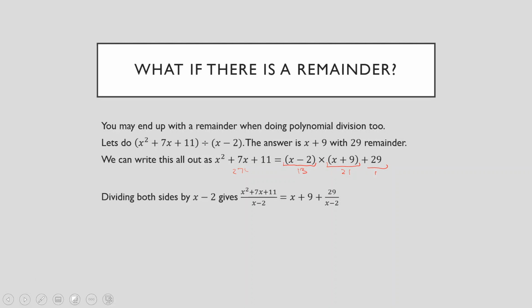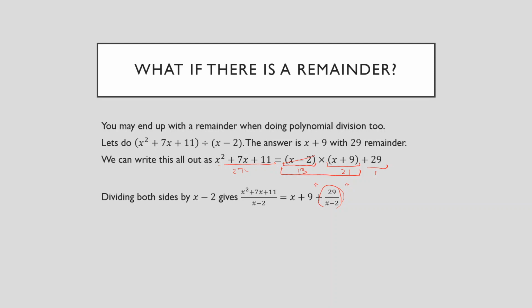Again, we can divide both sides by x minus 2 to get our original division problem back. Dividing all of this by x minus 2 gives you this term on the left here. On the right-hand side, dividing this term by x minus 2 just gets rid of the x minus 2, and we are left with x plus 9. And we have to add this extra, in quotation marks, decimal part, which is your remainder, your leftover pieces that can't be equally shared between the groups, and divide that remainder by the original divisor, which in this case was x minus 2.